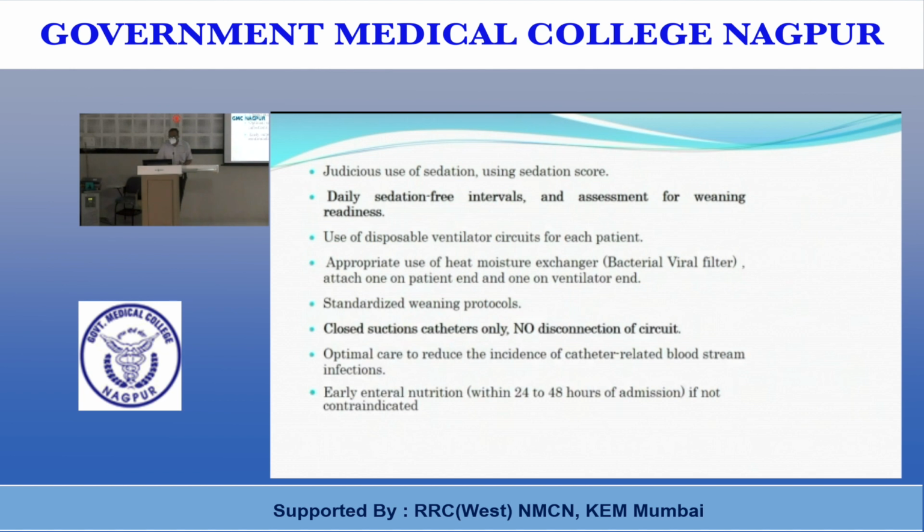Judiciously use the sedation as per the patient's requirement. Daily sedation-free intervals, check the sedation-free intervals and assess the patient for the weaning. Closed suction catheter should be used for the suctioning of the endotracheal tubes or tracheostomy tube, so as to avoid the aerosolization.